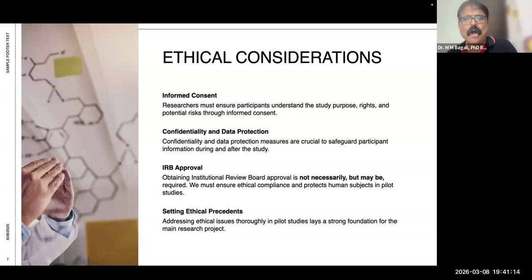Understanding the purpose for students who are in good schools, or in average schools, or in schools a little below average would be something different, right? So you need to have this ethical consideration, and you need to always tell what the purpose of the study is, what right you have to have an interaction with them, and what would be the potential risk, through an informed consent.